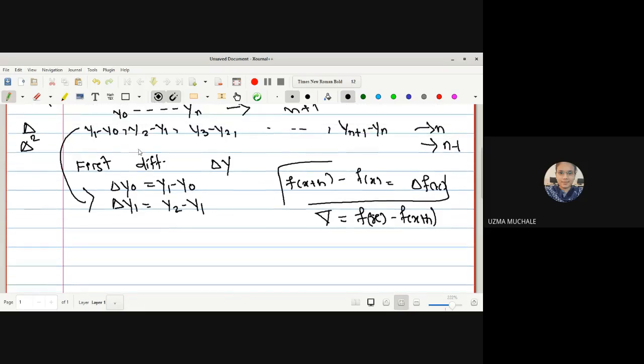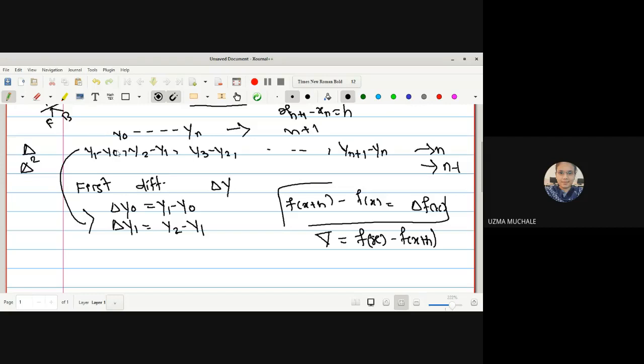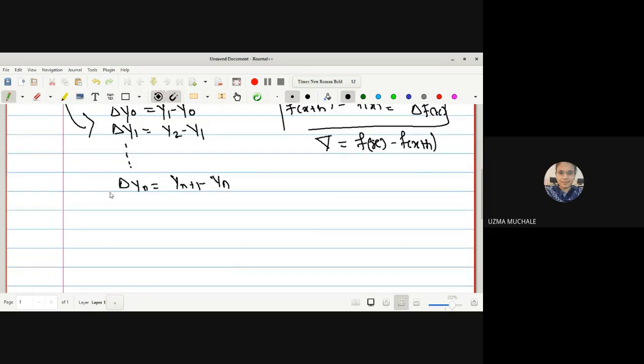So whatever numbers we have written, y1 minus y0, y2 minus y1 up to yn plus 1 minus yn, in general we can write delta yn is equal to yn plus 1 minus yn. So these are the first forward difference formulas.